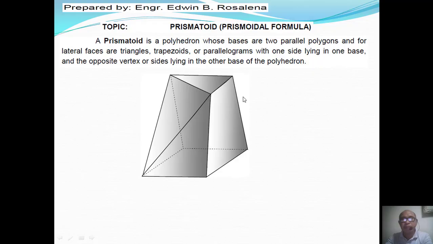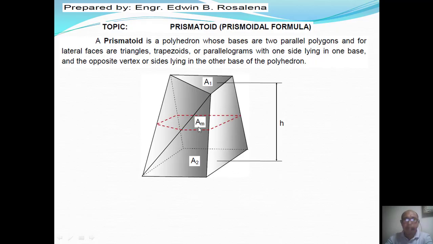So, I will call the upper base area 1. The lower base, area 2, and the perpendicular distance between the bases is the altitude h. Okay. So, for the computation of the volume of the prismatoid, we need the area of the middle section. So, we call it A sub m. So, if this is h, this is at h over 2, h over 2. So, area of the midsection. How will we solve for the volume?